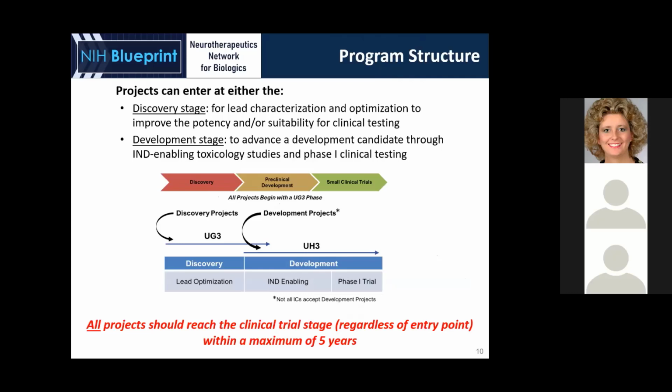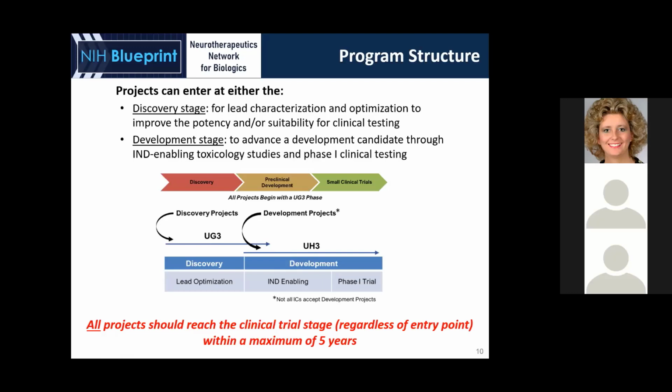Now, looking at the program structure. The basis here is for convention, we're going to be speaking in terms of the UG3, UH3. But if this is an SBIR application, then the UG3 phase is equivalent to the phase 1 of the U44 application, and the UH3 is equivalent to the phase 2 of the SBIR application.